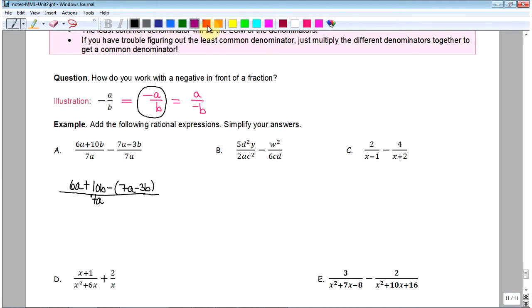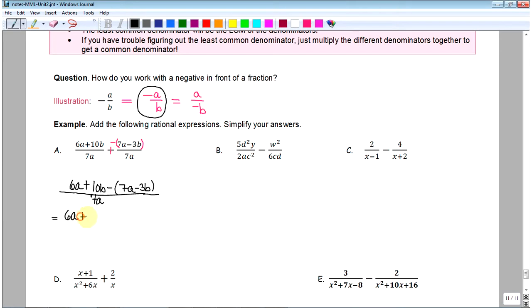Another way that you could have thought about it is if you wanted to change this to addition and then pair the negative with the numerator like we were talking about before, you would come to a similar expression. So now we need to use the distributive property to get rid of our parentheses.